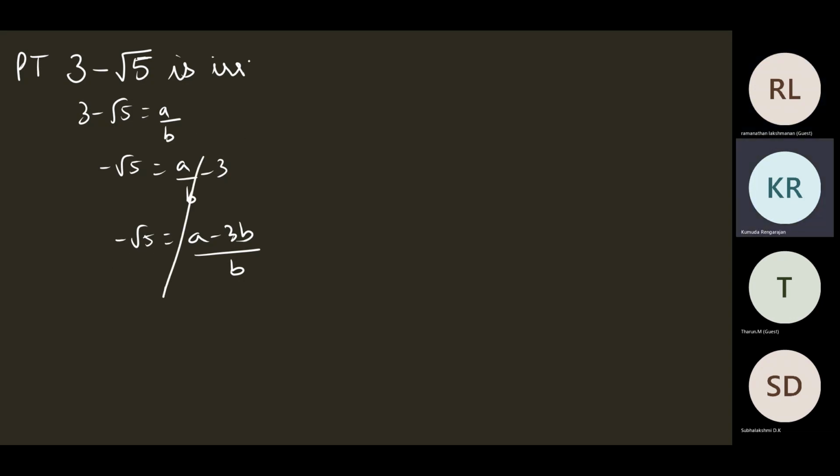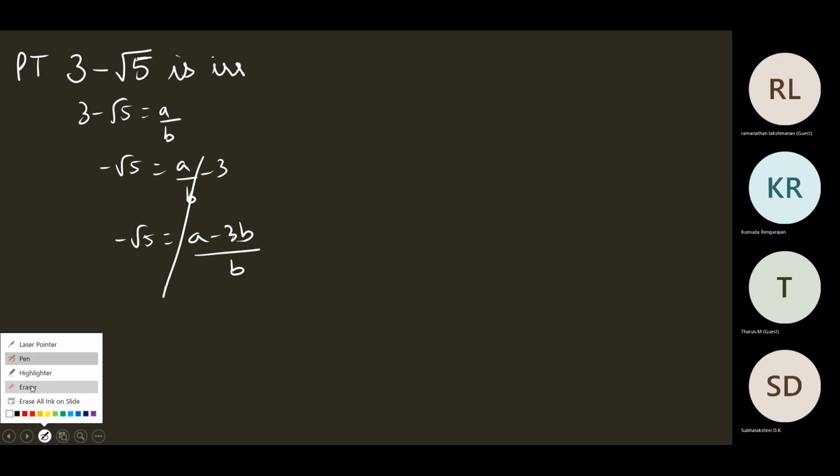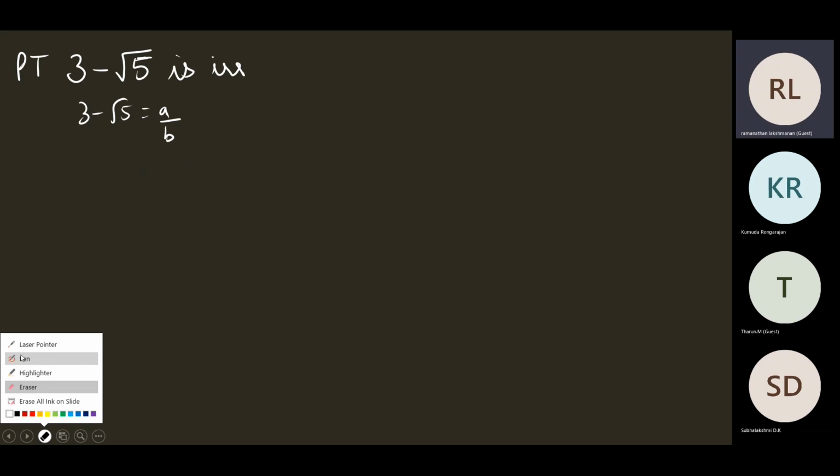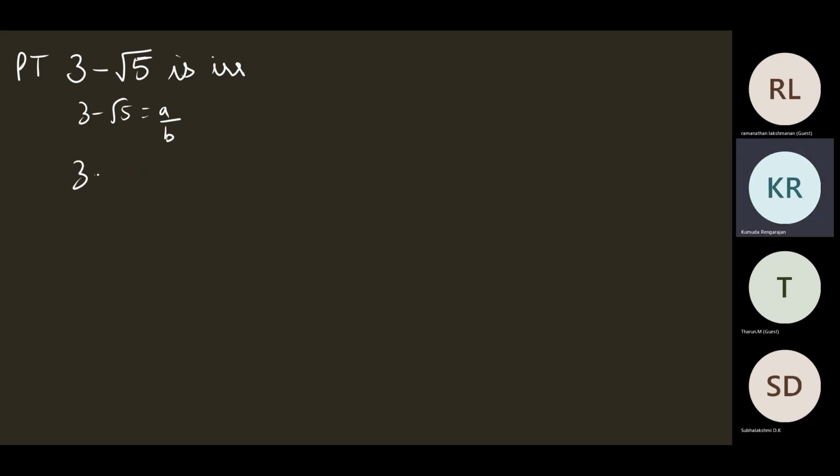Or instead, you transpose root 5 so that it's already positive. 3 minus a by b is equal to root 5. So 3b minus a by b is equal to root 5.